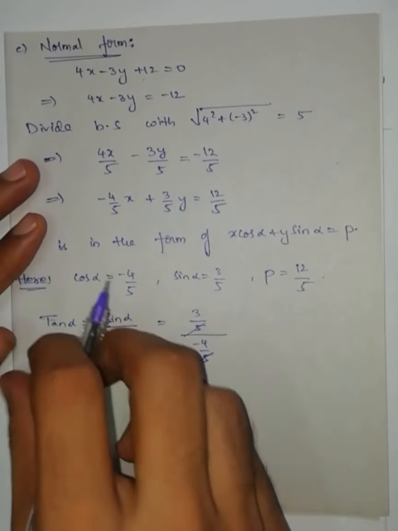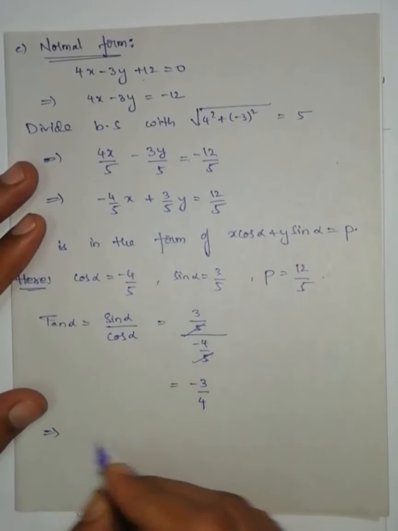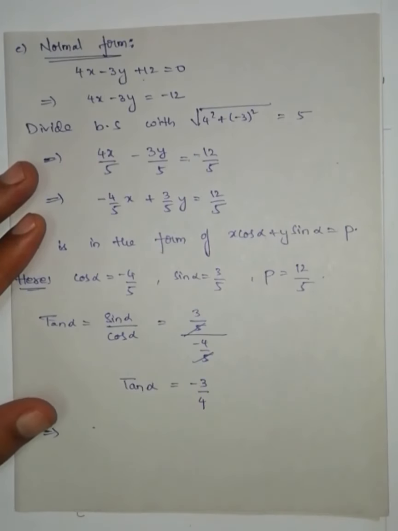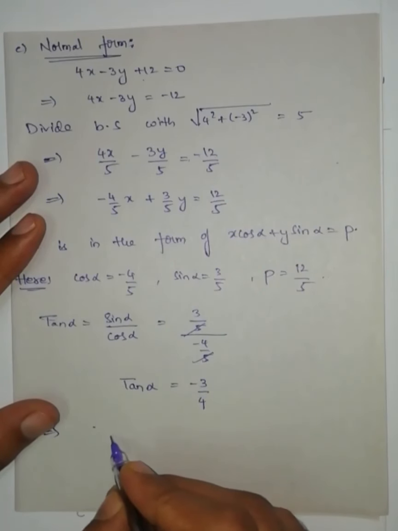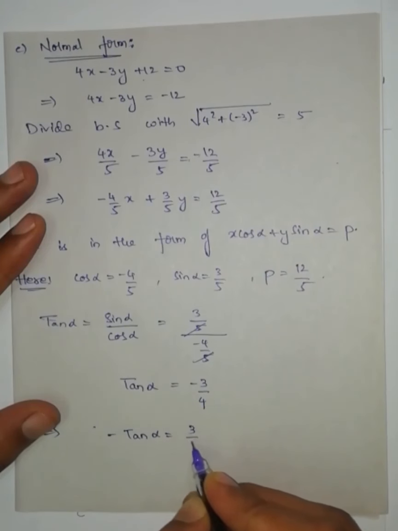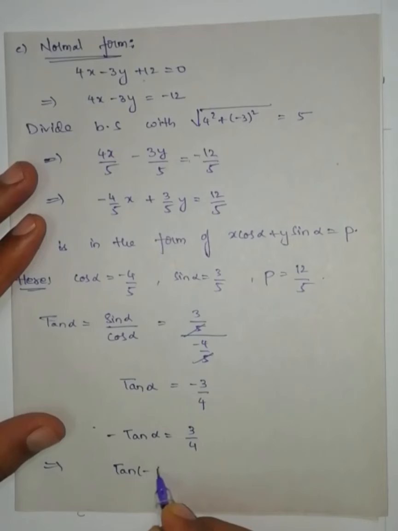Now this one can be written as tan alpha is equal to minus 3 by 4. Now minus tan alpha is equal to 3 by 4. This implies minus tan theta is equal to tan of minus theta. So this one can be written as tan of minus alpha is equal to 3 by 4.